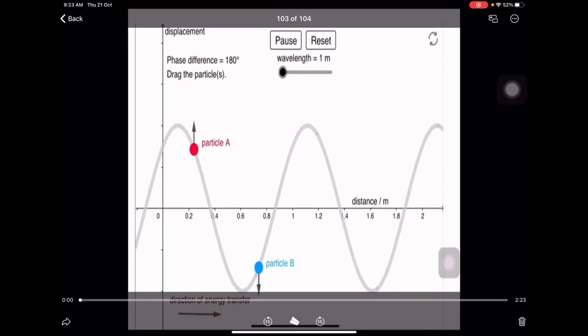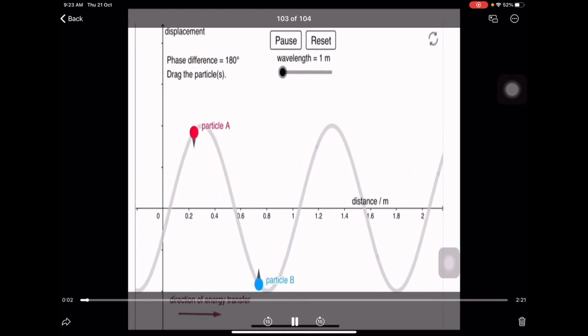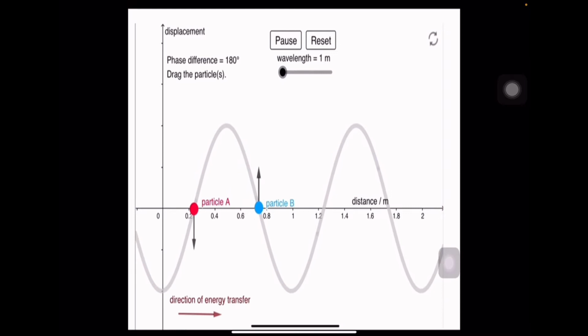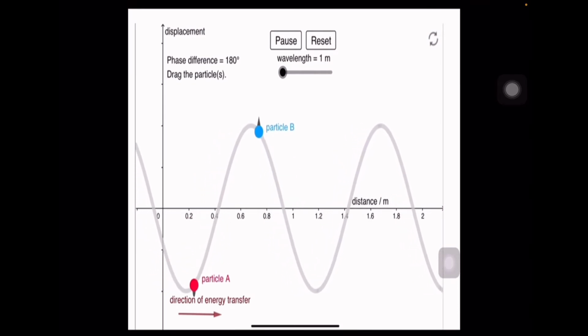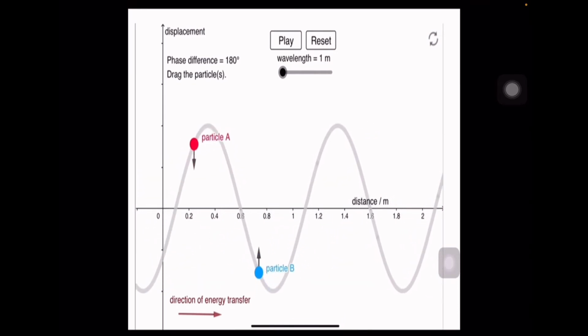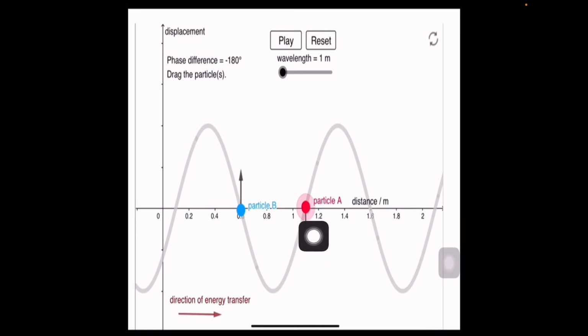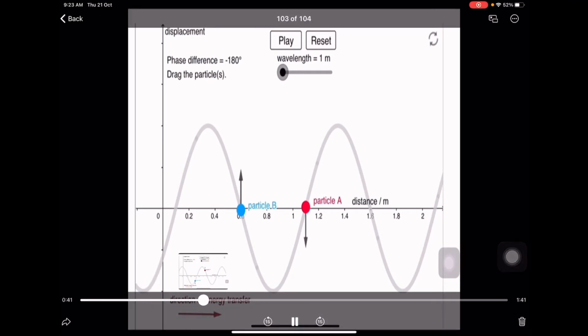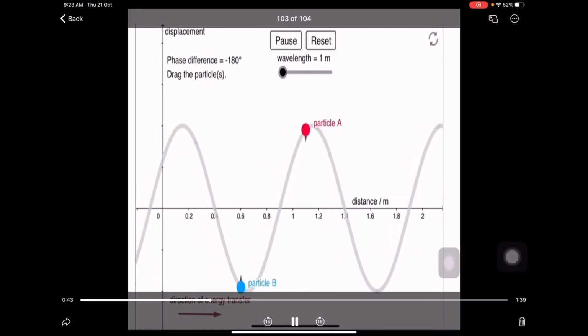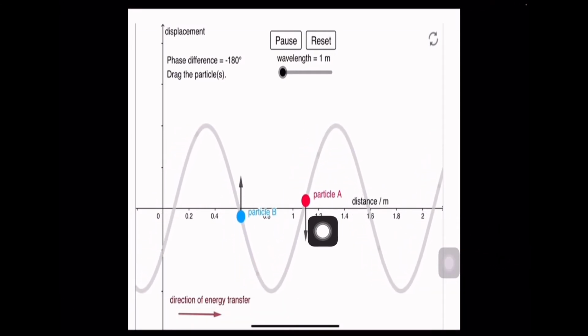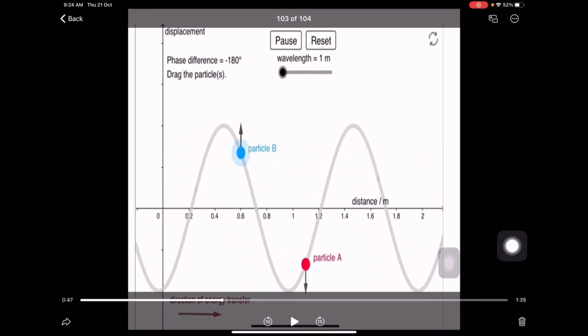Okay, so why the particle vibrational velocity? We need to determine v at a certain position, because as you can see, let's say the particle B here and particle A. Okay, so let's say they are moving. As you can see the particles moving, the arrow shows you the value of v and the direction of v.